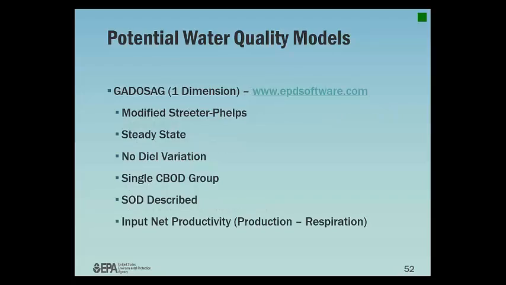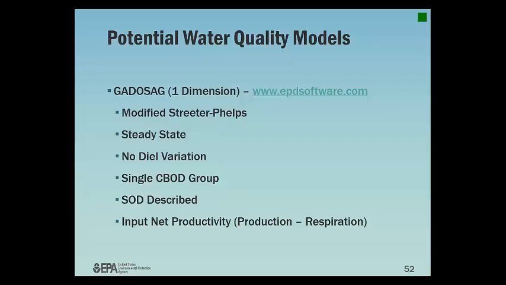Along with spreadsheet tools, there are many, many dissolved oxygen SAG models that are used throughout the United States. The one I'm going to use as an example here is the Georgia dissolved oxygen SAG model. It's a one-dimensional model. You can download it from the link that is shown here. And it employs a modified Streeter-Phelps. It is steady state. It does not calculate diel variation. It includes a single CBOD group.